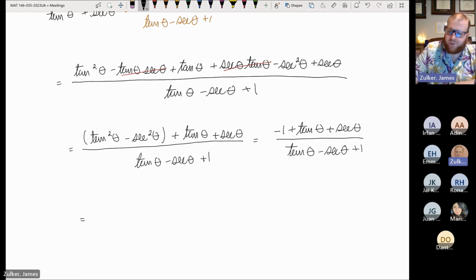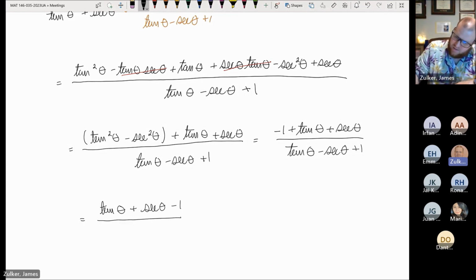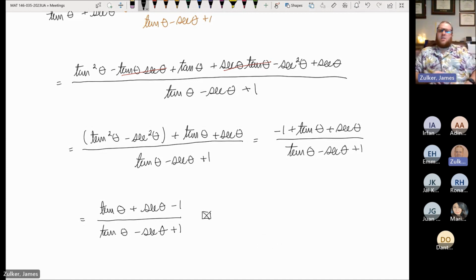Now, just a little bit of rearranging the terms in the numerator, and then we get the desired result. So the identity is verified.